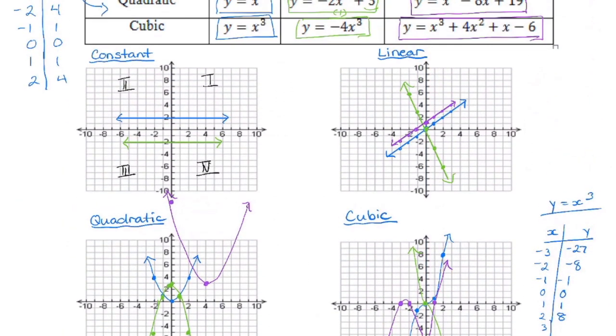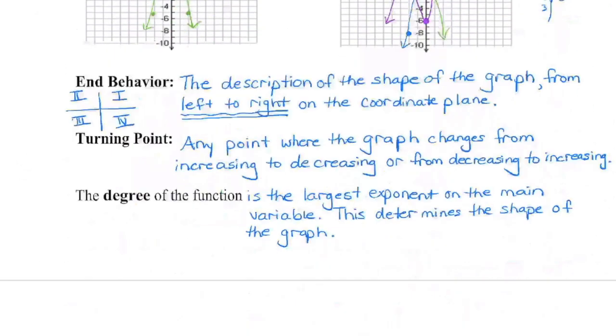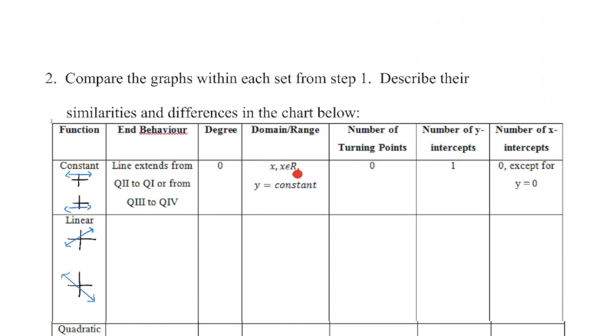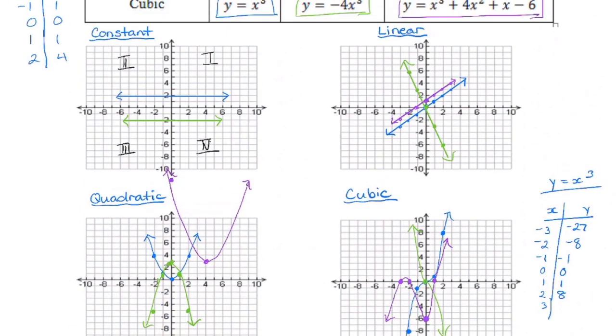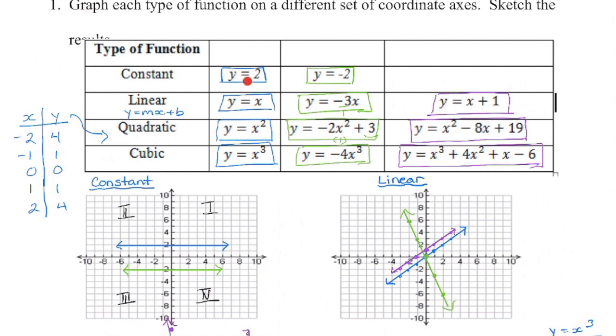Domain, again, because we continue infinitely to the left or infinitely to the right, we just say our graph on the x-axis is going to hit every real number. So we have x as an element of the reals. And in this case, the range depends on what the number is. When I look at my first graph, y equals 2, the only value for y all the way along here is 2.